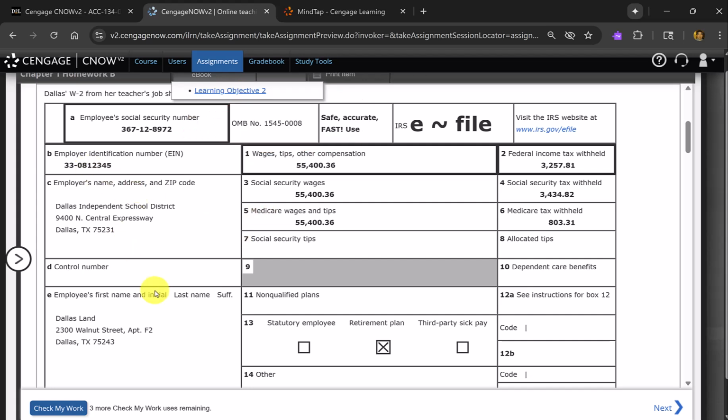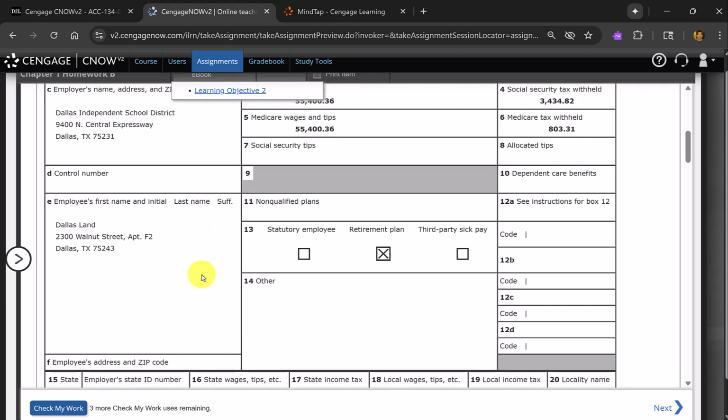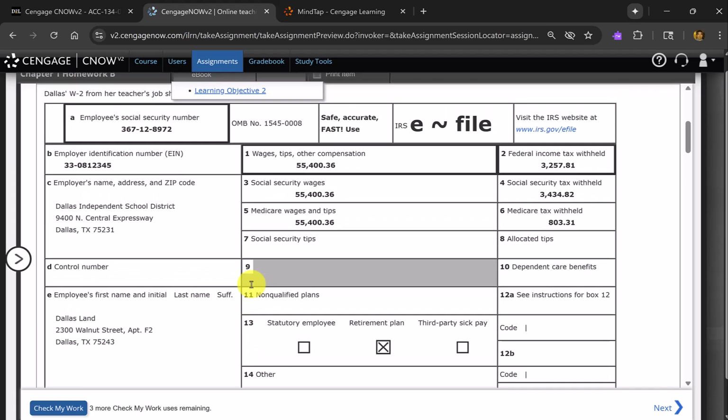Do you see it? I don't see it. It should be here someplace on the form, but you know what? You should not rely on that number being accurate. I've seen wrong social security numbers. I've seen nicknames on a W-2 form. You can't use that when you prepare the tax return.